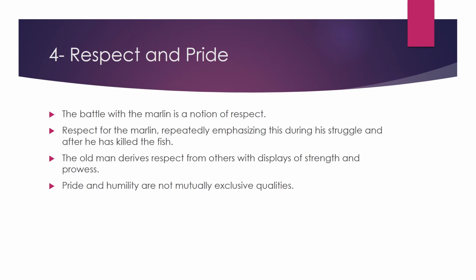Number two, we have respect for the marlin, repeatedly emphasized during his struggle and after he has killed the fish. Of course, again, we find that respect, that friendship and admiration between the old man and the boy, and how they cooperate with each other to fish and kill the fish. Number three, the old man derives respect from others with displays of strength and prowess.